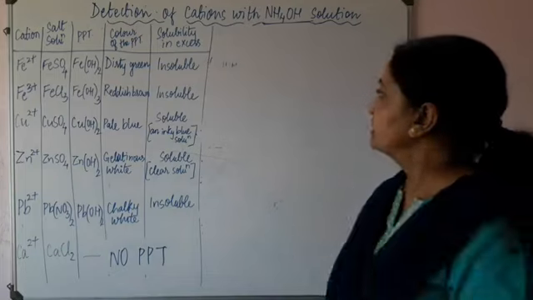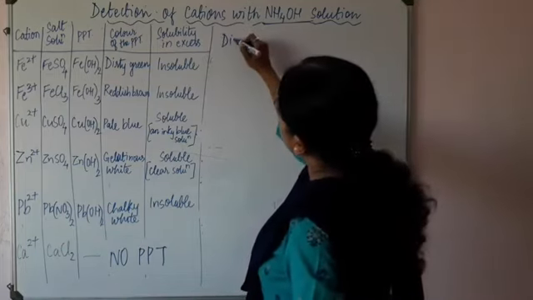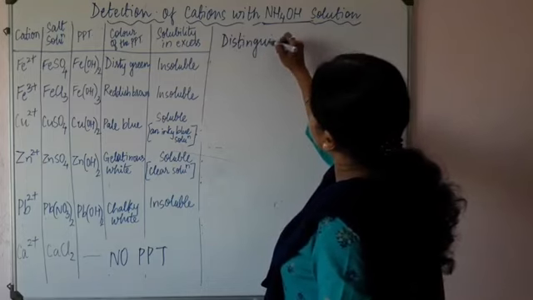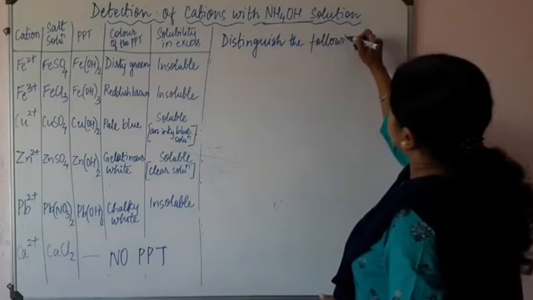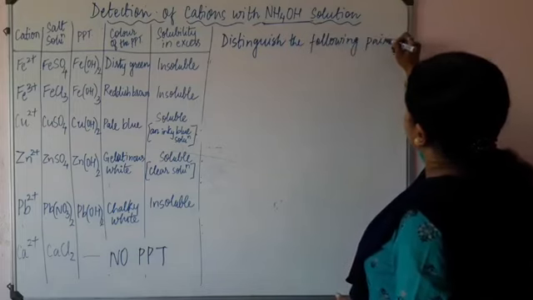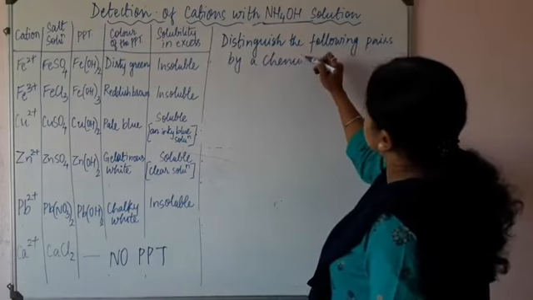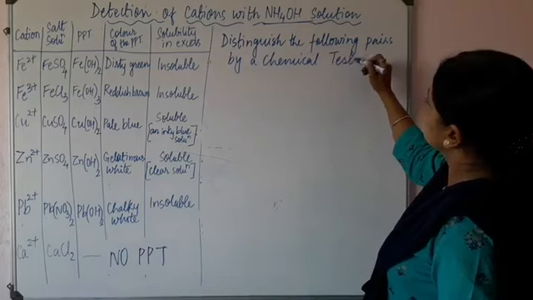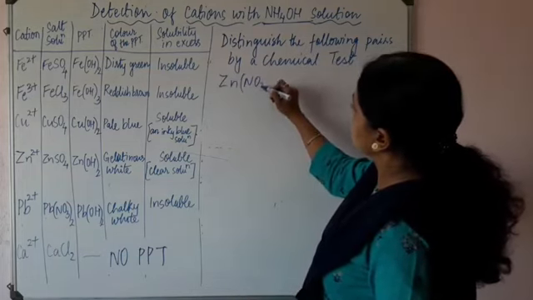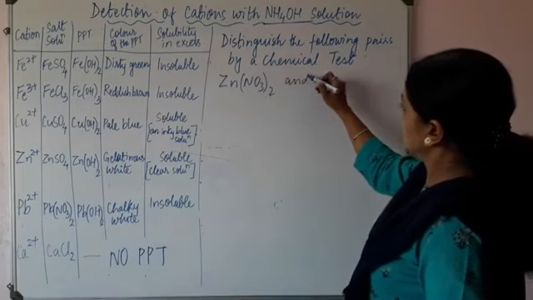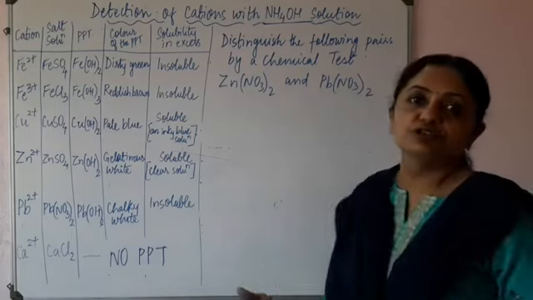Now let us have one more type of question. This type of question can also be asked: distinguish the following pairs by a chemical test. Now the pair is zinc nitrate and lead nitrate.